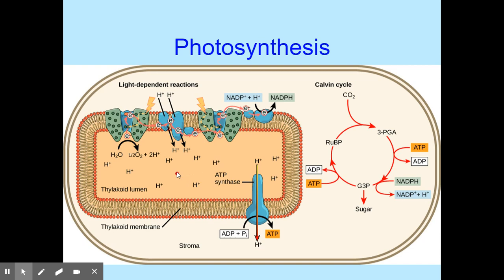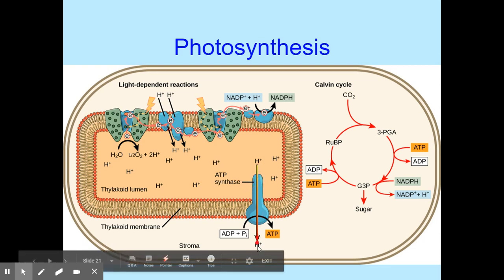We have these hydrogens that are pulled in, as well as our electrons moving through the chain to provide some sort of energy so that we can take NADP plus and a hydrogen, put them together in this electron transport chain and make NADPH, and that stays floating out here. And then we also use these hydrogens as energy in ATP synthase. As it pumps them out, it uses that as energy to take a phosphate and add it to ADP to make ATP, which floats around out here as well.